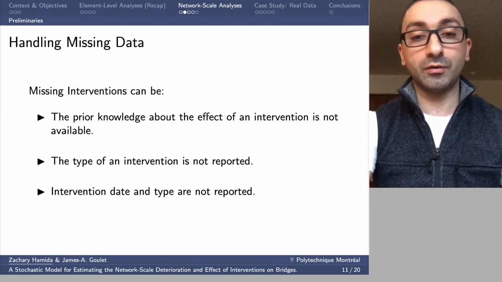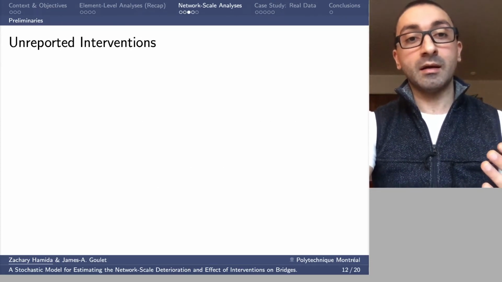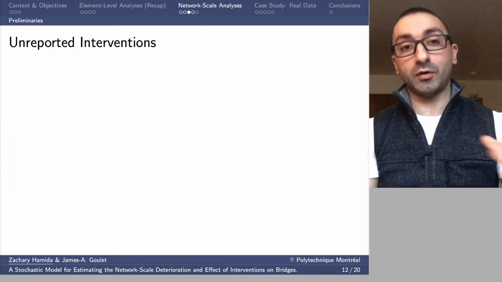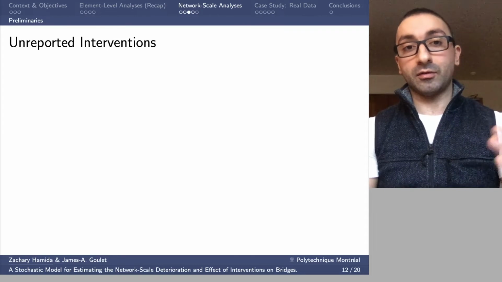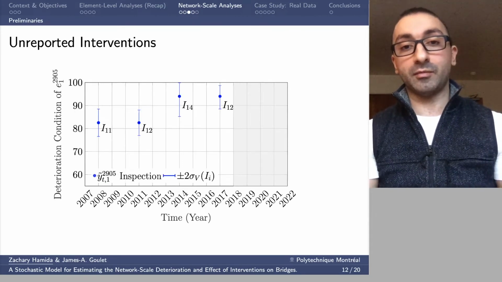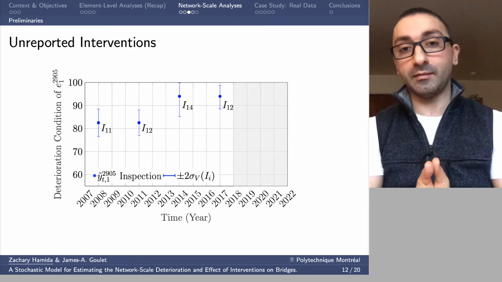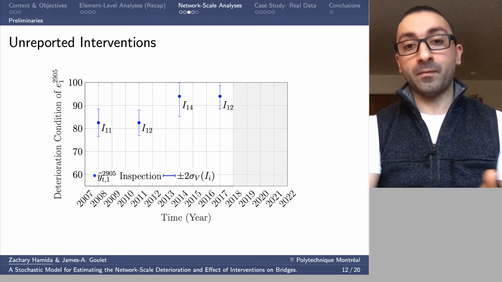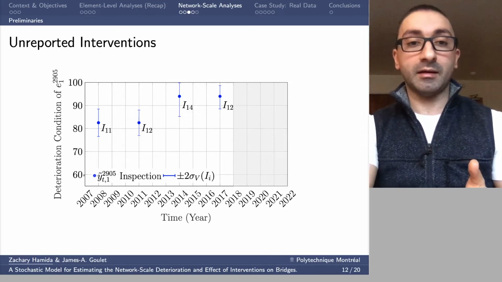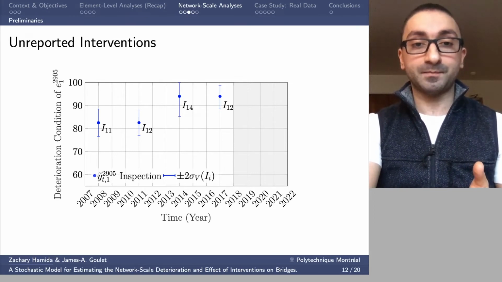So we're going to explore this third point under the unreported interventions. This is an example of visual inspection data, where the x-axis is the timeline, and the y-axis is the condition.